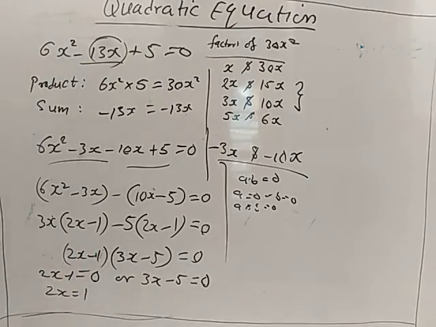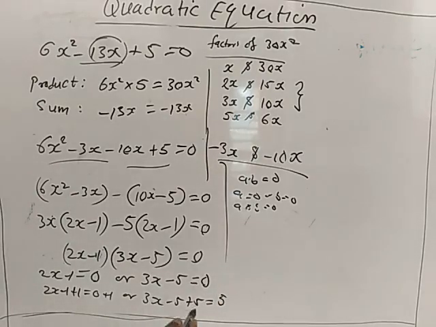How do we achieve that? 2x minus 1 plus 1 equal to 0 plus 1, or 3x minus 5 plus 5 equal to 5.